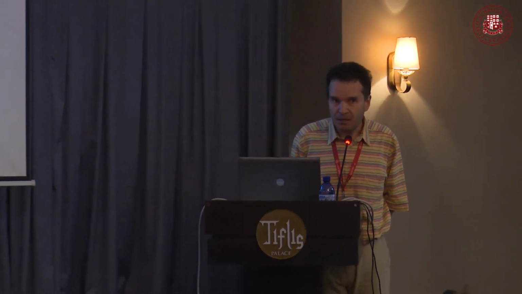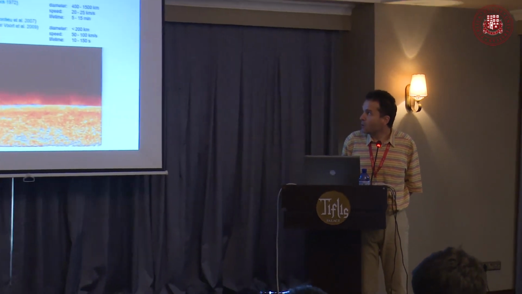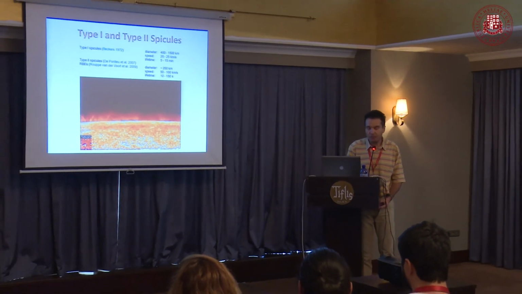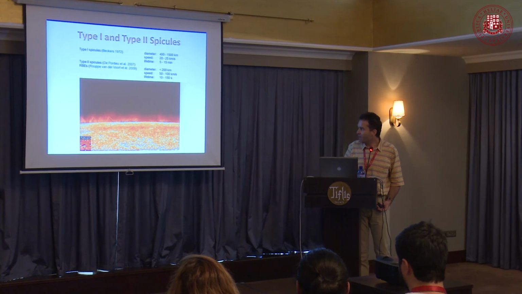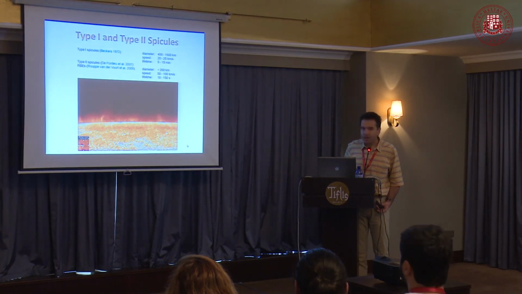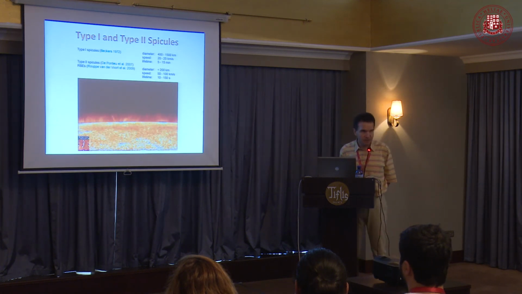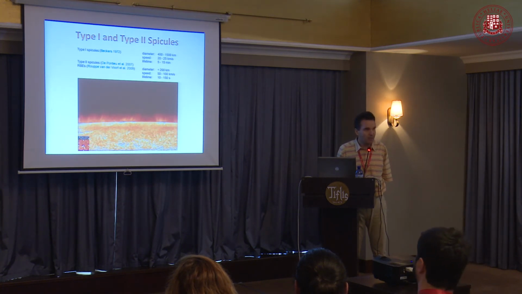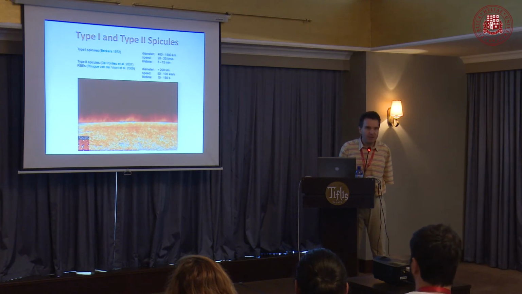Among them, in the past years, the so-called type 2 spicules gained very intense interest, displaying very vigorous dynamics and enigmatic behavior, leading to progress in our understanding of the lower and upper chromospheric layers.